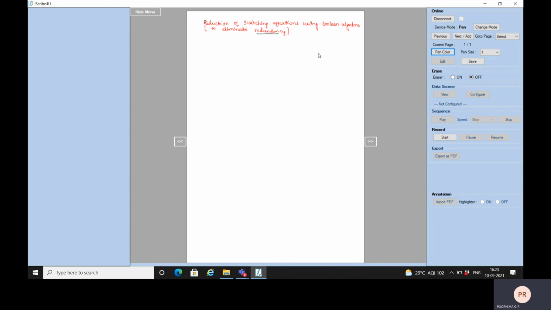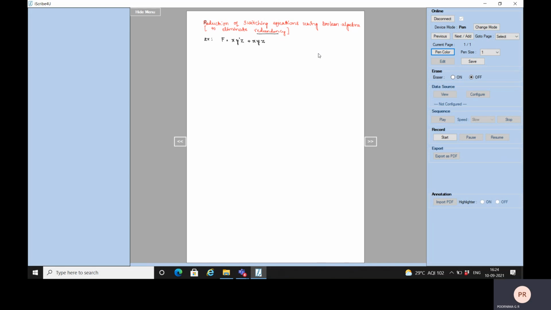So in order to understand the basic design flow of reducing a switching equation, first let us consider an equation f equal to x y bar z plus x y z.